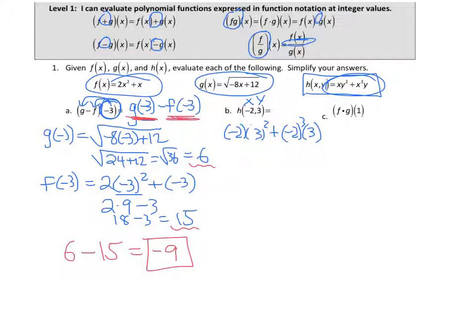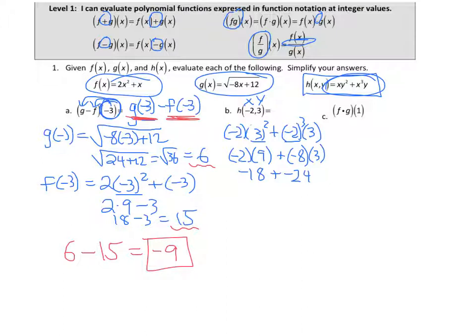Okay, so following order of operations, I'm going to do my exponents first. 3 squared is 9, so we get negative 2 times 9 plus, and then negative 2 to the third is negative 8 times 3. Negative 2 times 9 is negative 18, and negative 8 times 3 is negative 24.